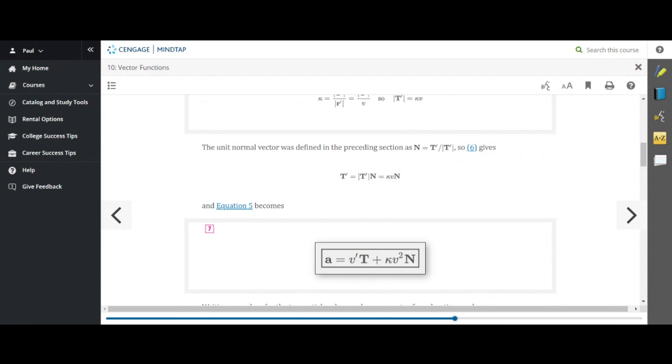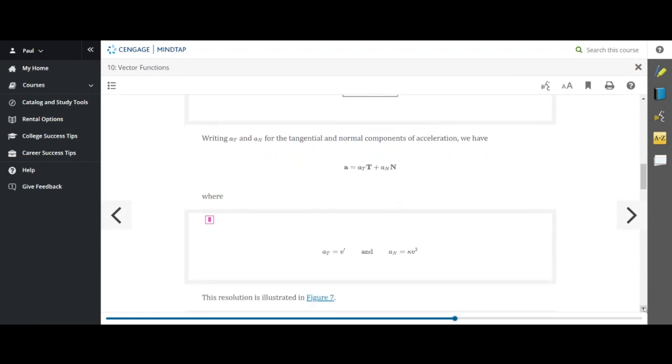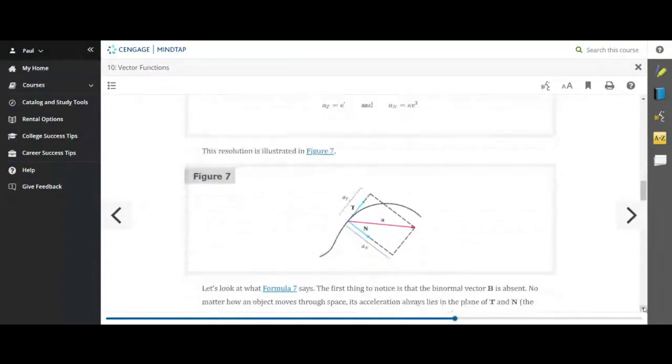And pictorially, they have a nice picture below of this. Here's a picture. They've drawn the acceleration vector, and you see how in figure 7 the acceleration vector is in a plane containing the tangent and normal vectors.